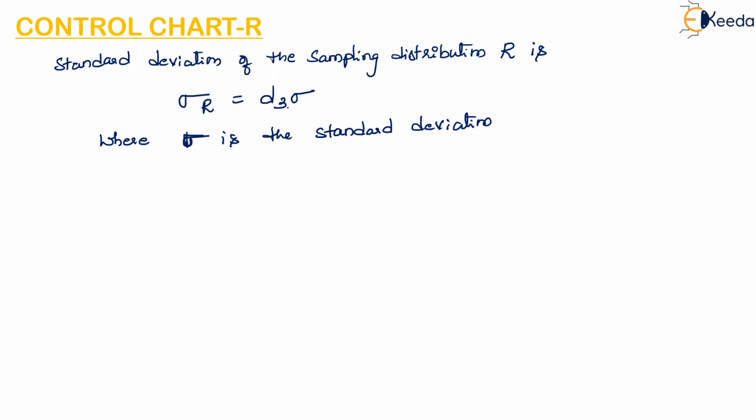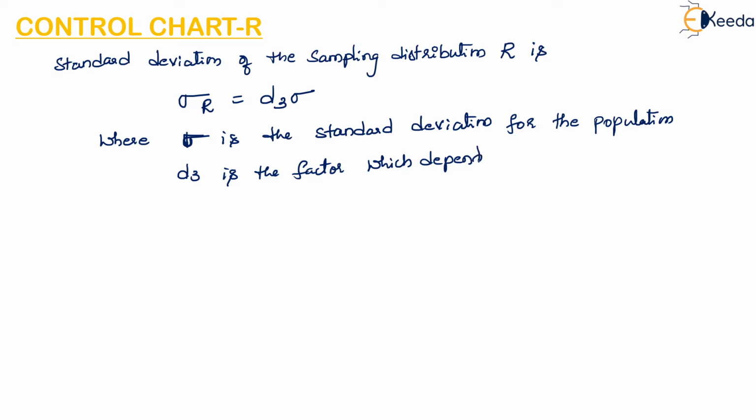Here we are going for individual observations. So the standard deviation for the population, that is the whole lot, is denoted by sigma, and D3 is a factor which depends on n, which is the sample size.